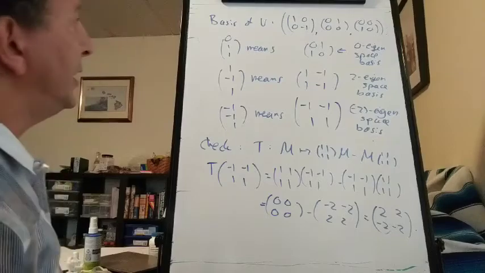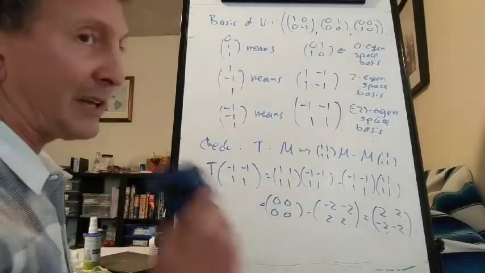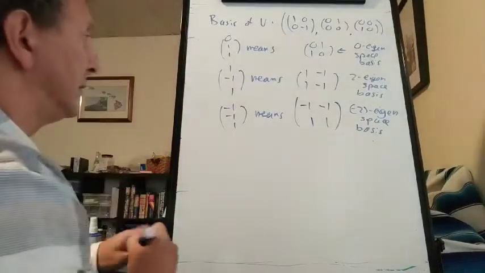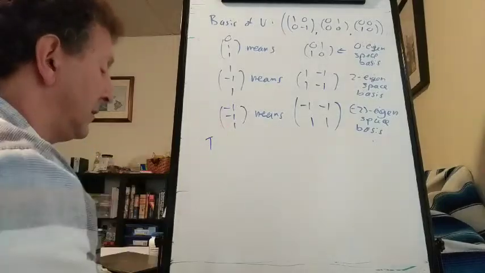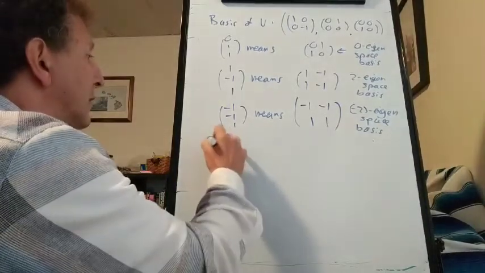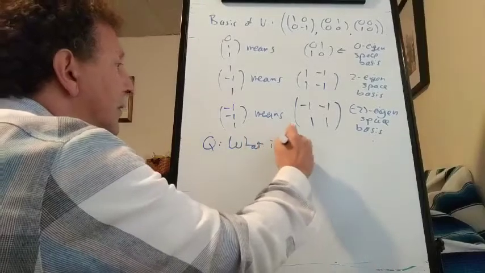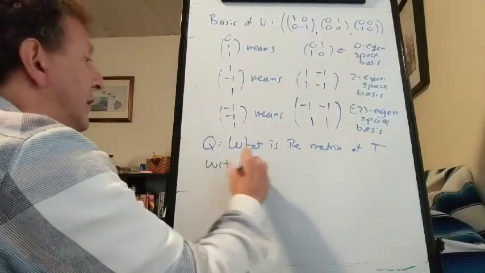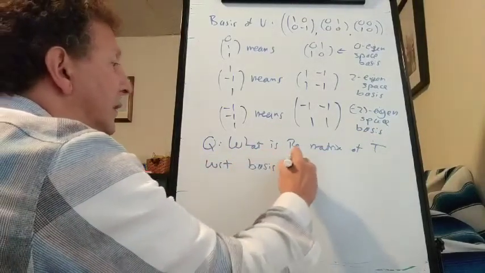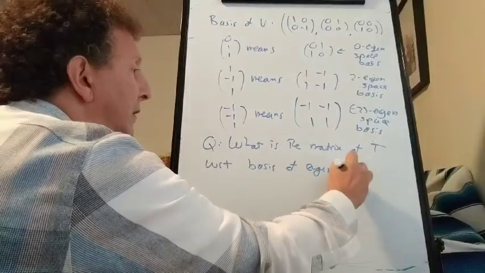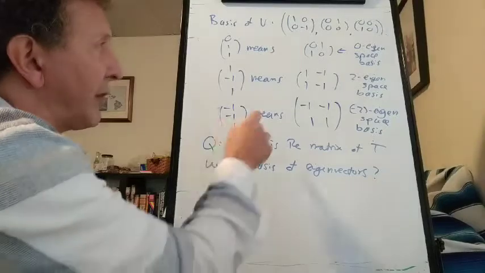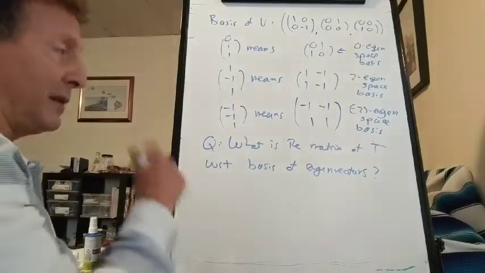Right, now finally, what is the matrix of T with respect to this basis of, not the natural basis, but this basis of eigenvectors? Well, these eigenvectors all have different eigenvalues. That means that they're linearly independent, so they do make a basis.